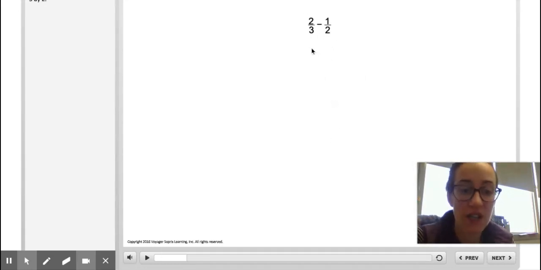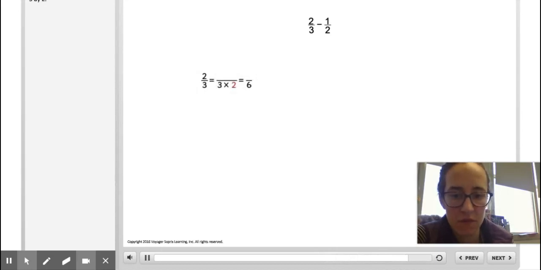Then 3, 6. So 6 is my smallest number that is a multiple of both 2 and 3. Begin with 2/3. To get from a denominator of 3 to a denominator of 6, multiply 3 by 2.